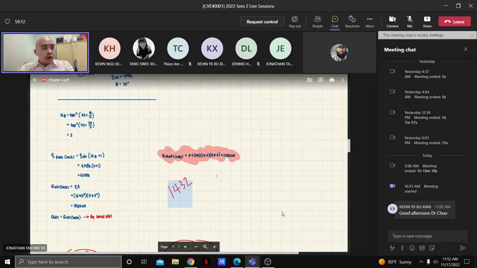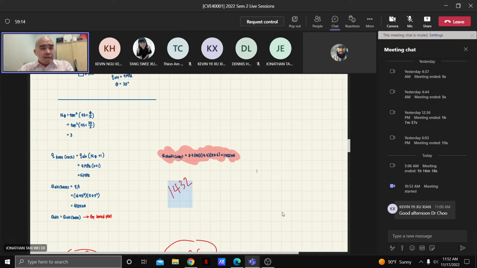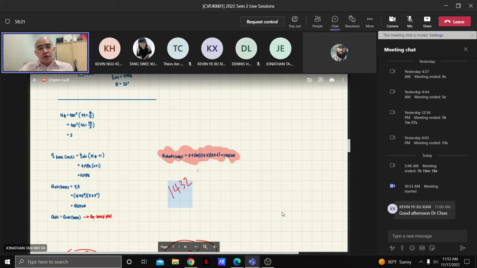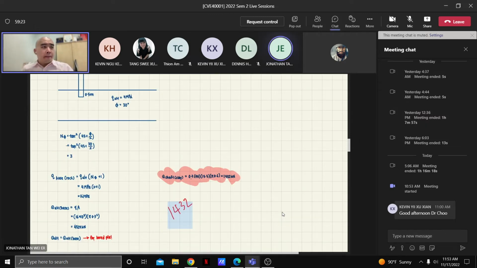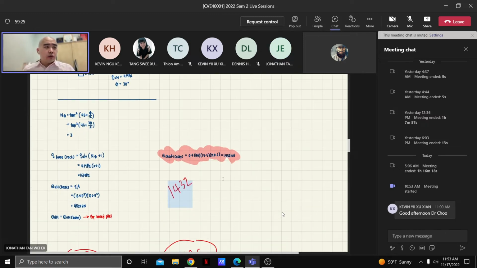Okay, so for Q shaft, let me check. I think it's just the alpha value that you've chosen. The alpha value that you've used is 0.7, but if you use 0.72, you should get 1472.